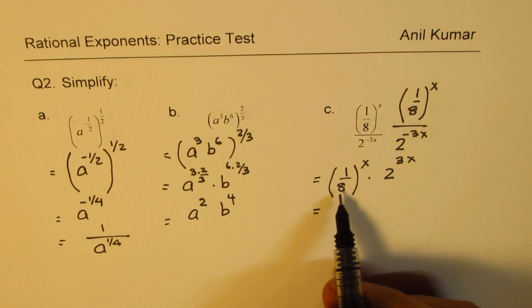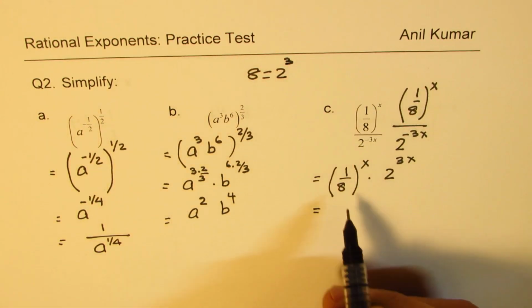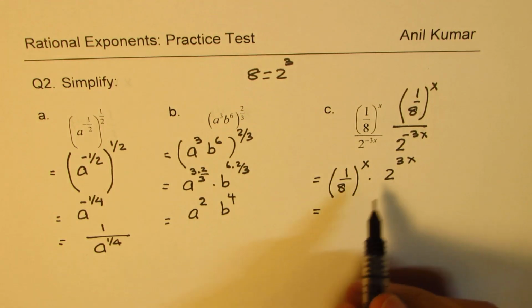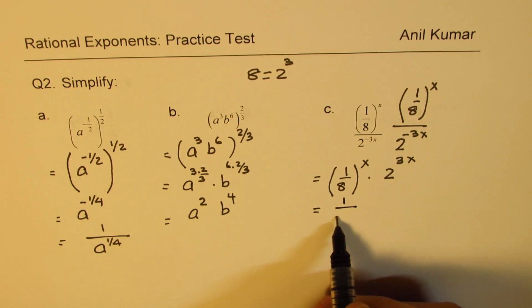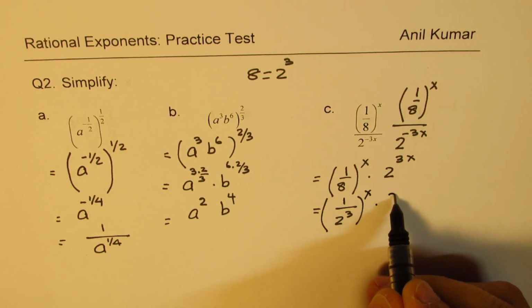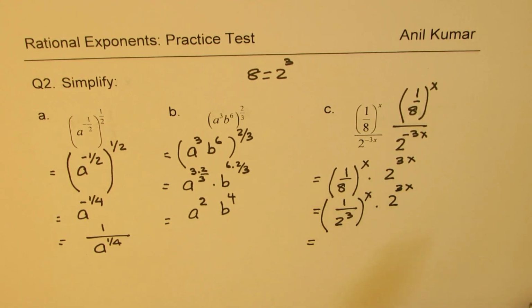Now, we should have same base. We know 8 is equal to 2 cube. So let me replace this 8 with 2 cube, right? So I will write this as 1 over 2 cube to the power of x times 2 to the power of 3x, correct? So now we are adding all these terms.